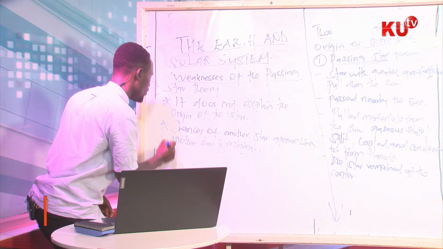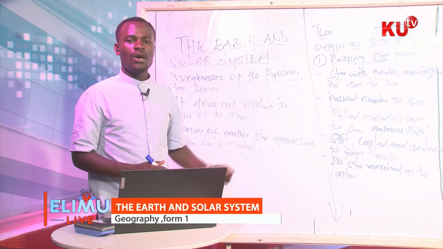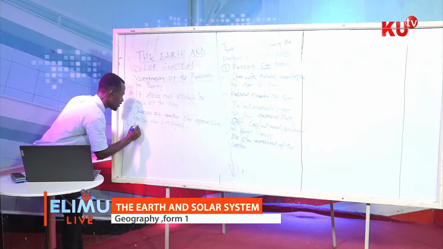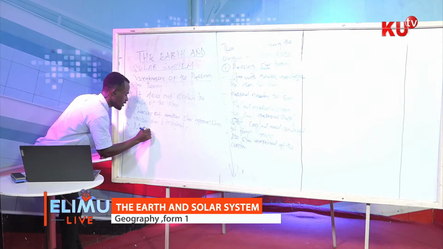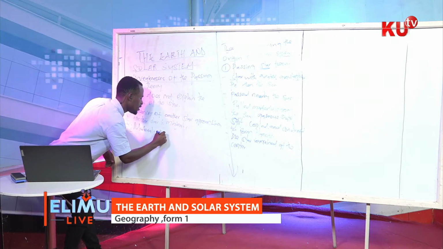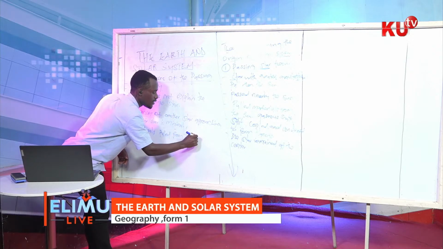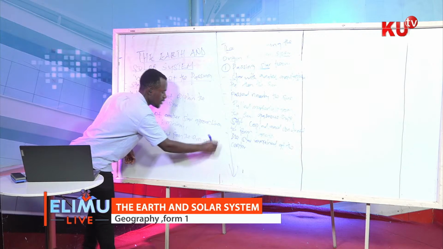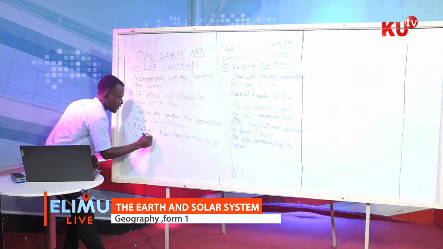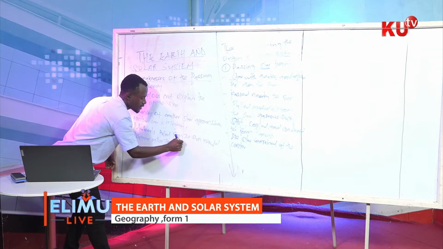Another weakness of this theory is that the materials pulled from the sun would disappear rather than condense.